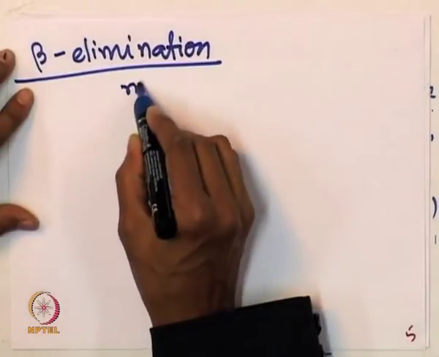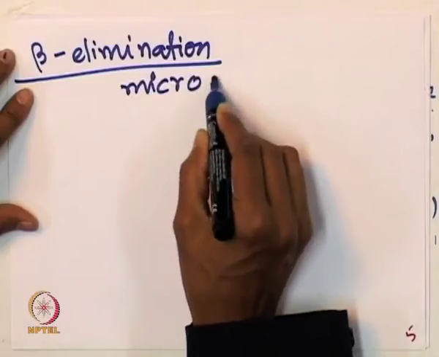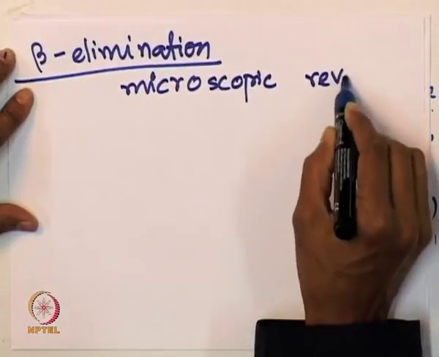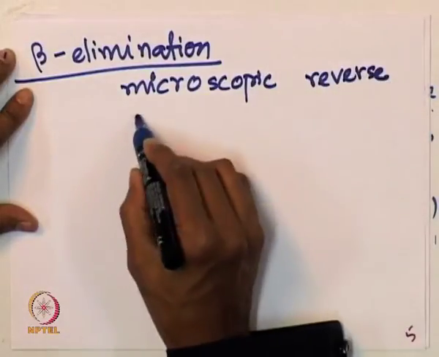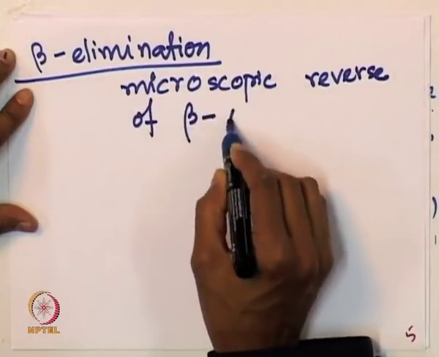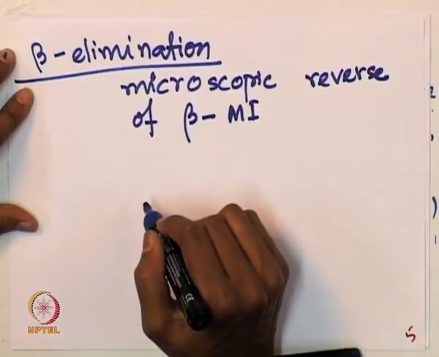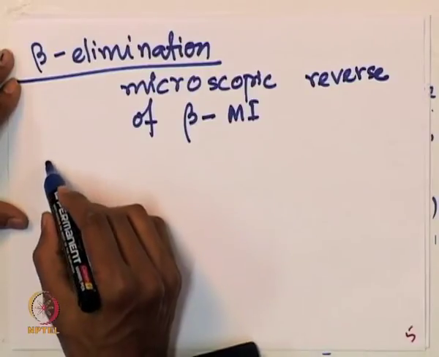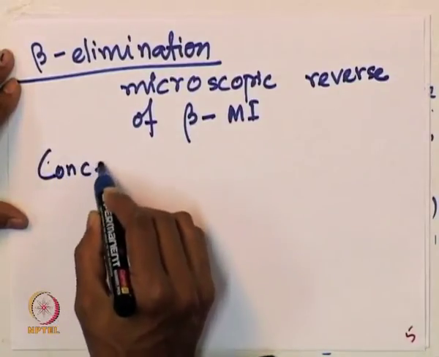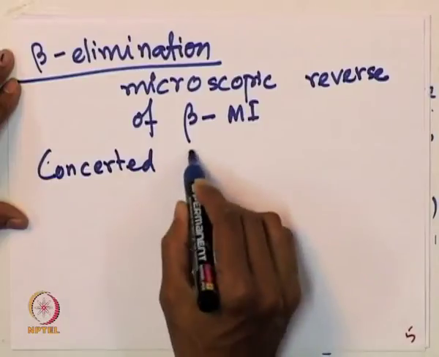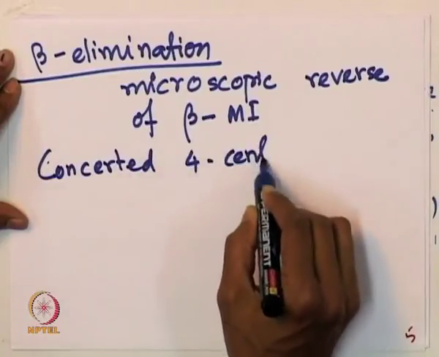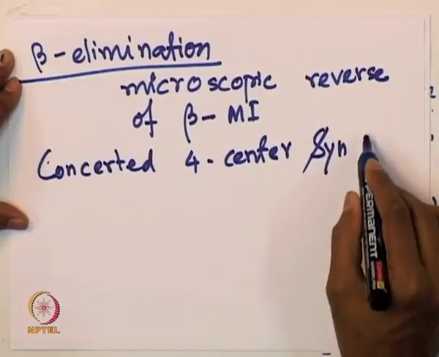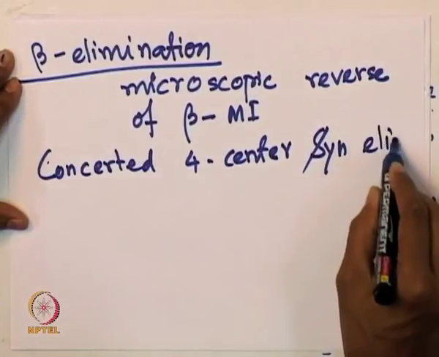Now, of course, the first step is it is the microscopic reverse of beta migratory insertion, that goes without saying at this point, and it is a concerted 4-center syn elimination. Concerted, 4-center, okay, that I think you will be able to find out by now, syn elimination.